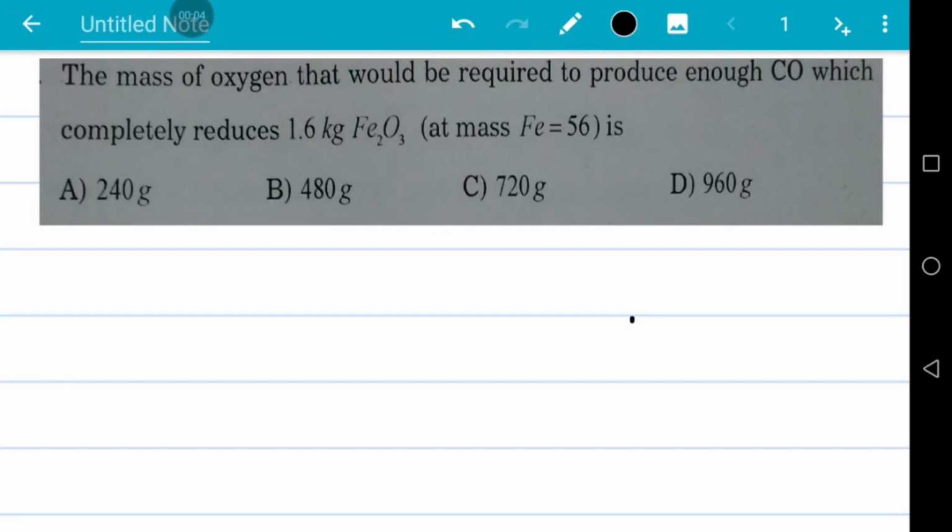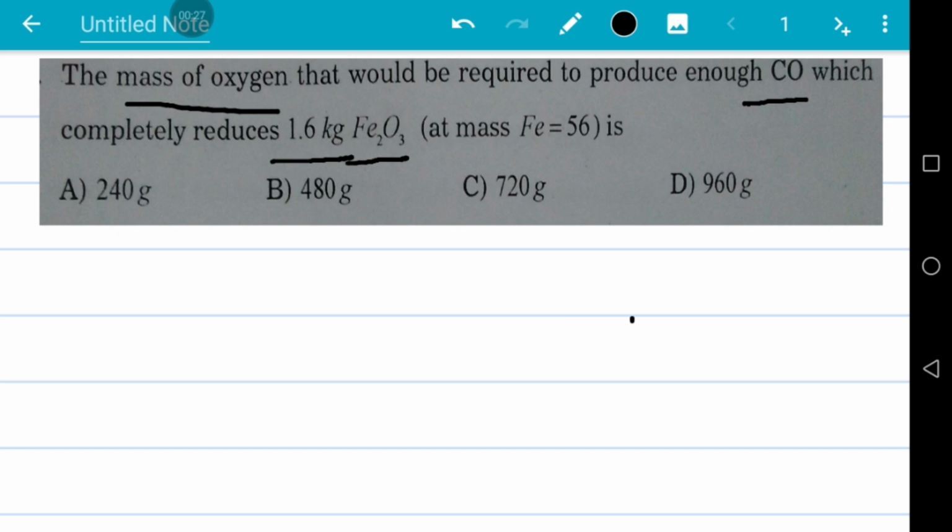Today's question: the mass of oxygen that would be required to produce enough CO which completely reduces 1.6 kg of Fe2O3. The atomic mass of iron is also given, 56 grams. So this is the question.